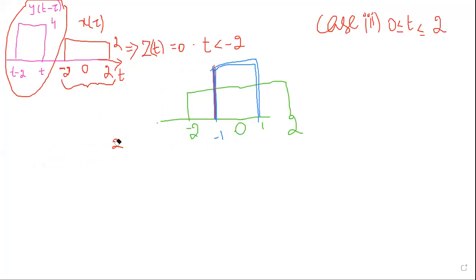Now, one more work is left out in this. Can anybody tell me what is that left out work? I have to mark the values here. So the highest end, here it is t, and here it is t minus 2. Am I right? Is it correct?